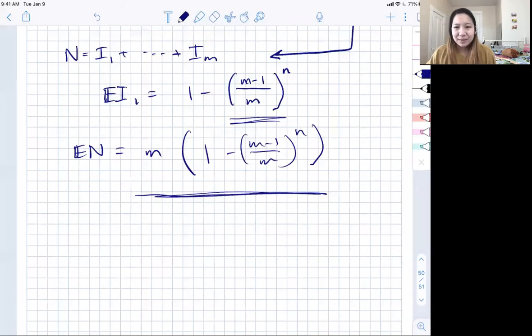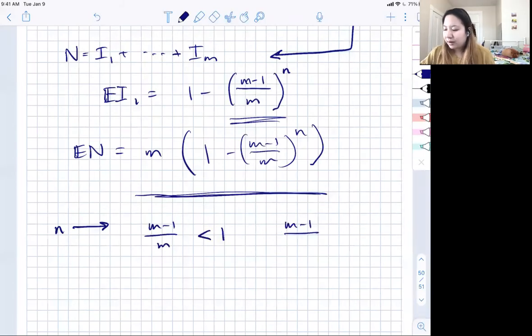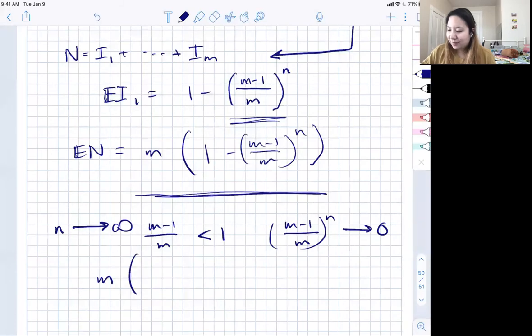So something you can do to sanity check yourself is start taking these numbers to infinity. So for example, let's take n to infinity. As n goes to infinity, we have (m minus 1) over m, which is less than 1, so ((m minus 1) over m) to the n is going to go to 0. So as n goes to infinity, we have m times 1 minus 0, which is equal to m.